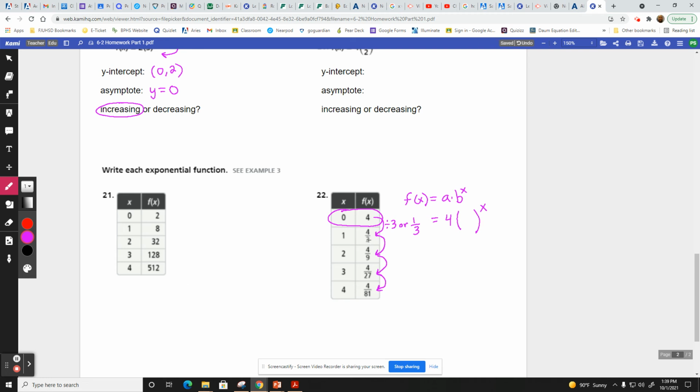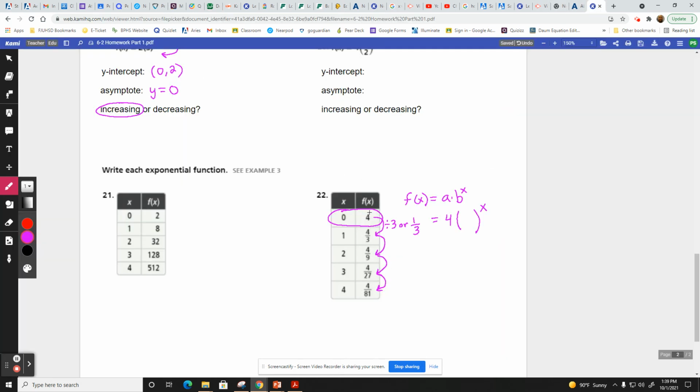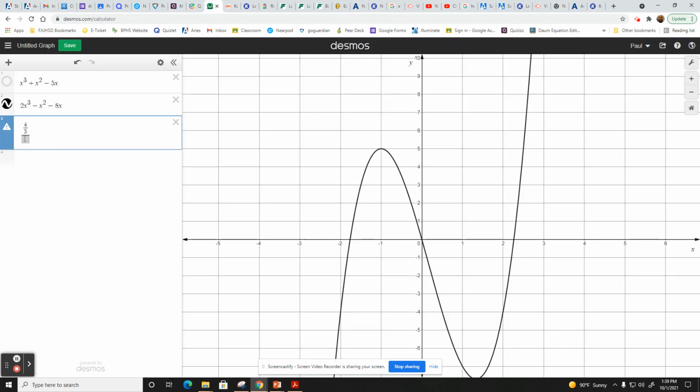But let's check my trick. Remember I told you guys to go to Desmos? I'm going to take one number and divide by the previous one. So 4/3 divided by 4, and I get 0.3333, but as a fraction, that's 1/3.